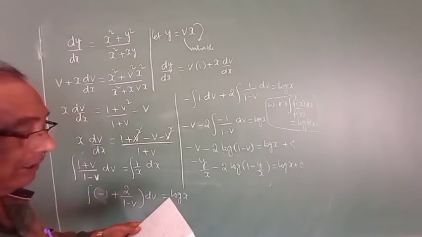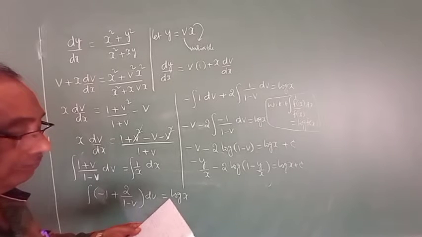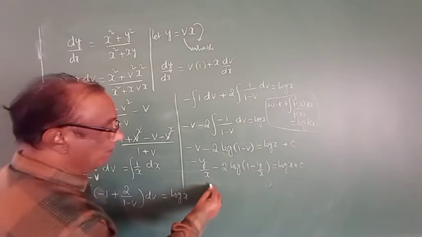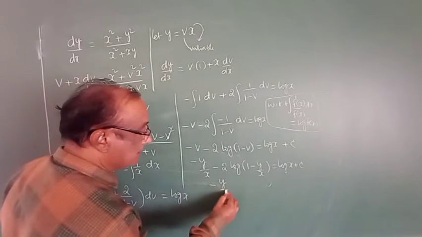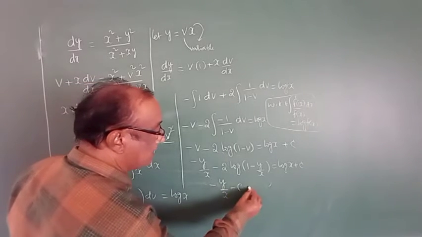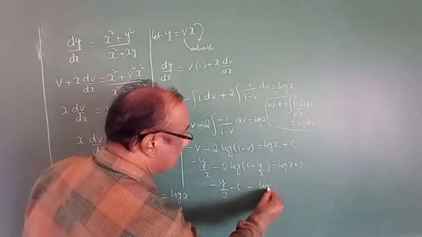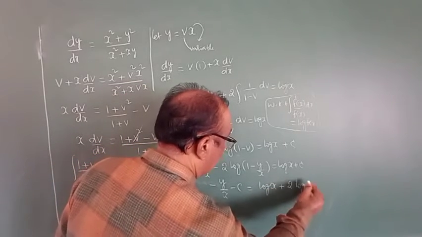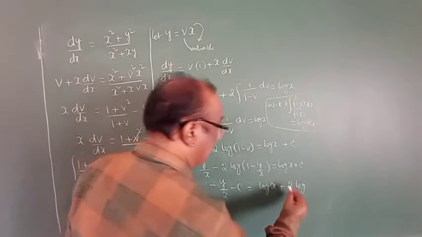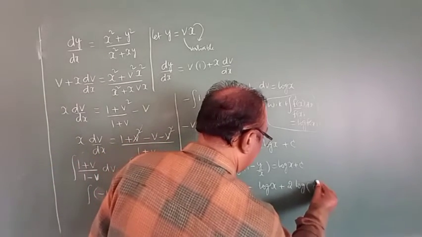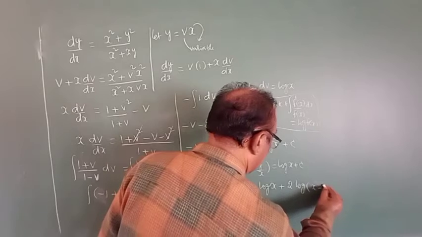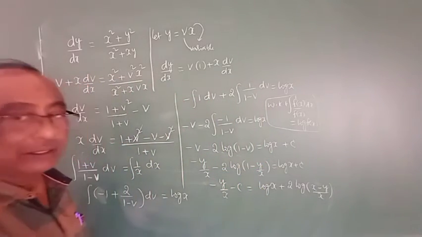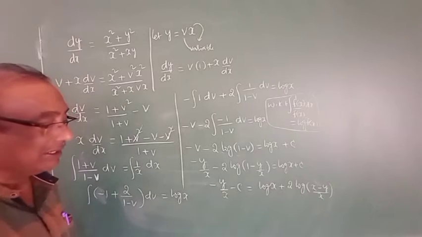So bring the log terms to one side: minus y by x minus c is equal to log x plus 2 into log of, with LCM x square, x minus y by x.